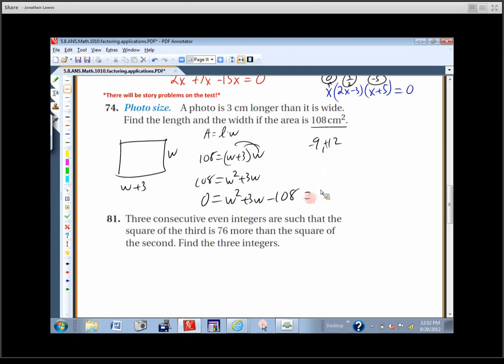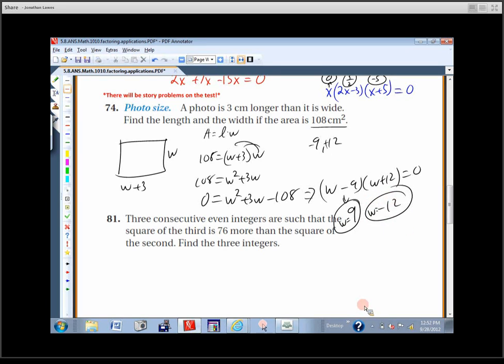So this is going to factor to w minus 9 and w plus 12. That's equal to 0. Answer from here, positive 9. Answer from here, negative 12. So I'm going to write w equals 9 and w equals negative 12. Which one's the right answer? 9.